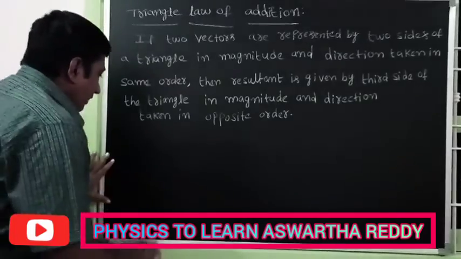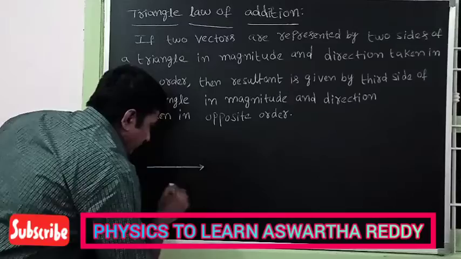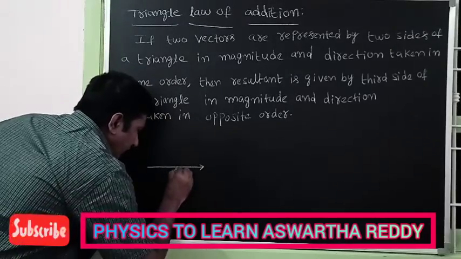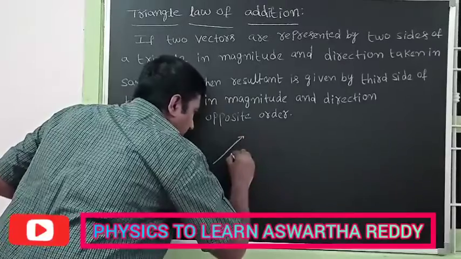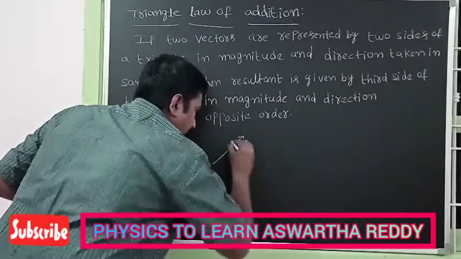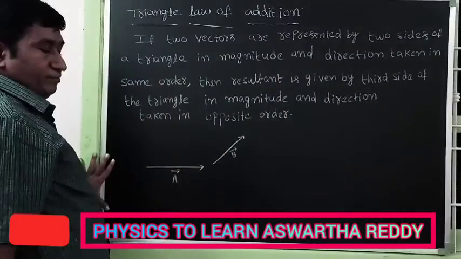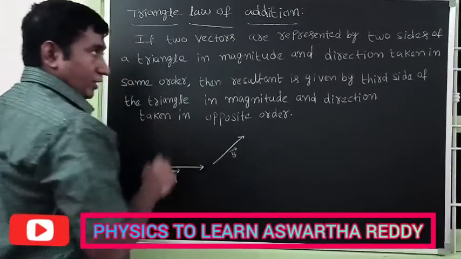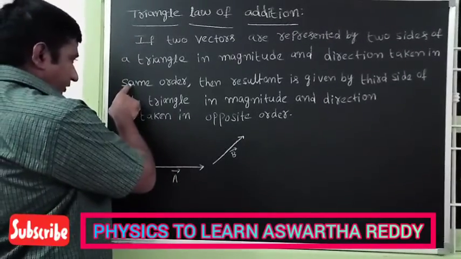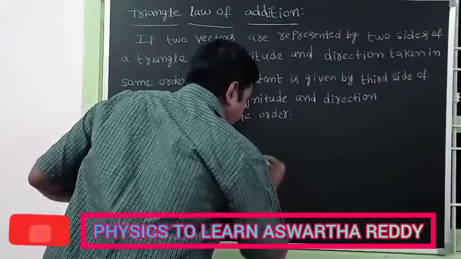Let us consider these are two vectors, a vector and one more, b vector, represented by two sides of a triangle, because a vector quantity has both magnitude and direction, taken in the same order. Now I am going to combine these two.